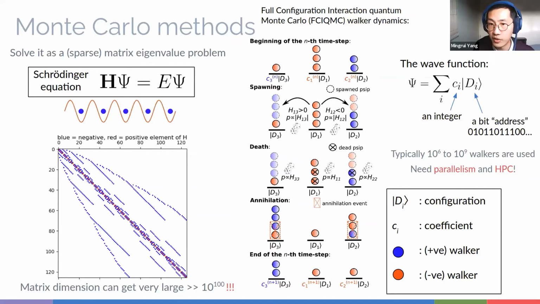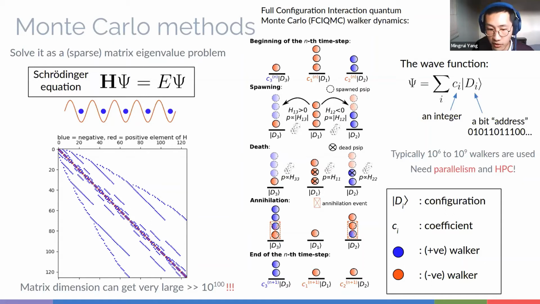Instead of building the matrix, we send a set of workers to sample this matrix. We have defined these configurations as D1, D2, D3, and so on, and we let these workers move between these configurations to give you the information you want. The typical number of workers we use is 10 to the power of 6 to 10 to the power of 9.